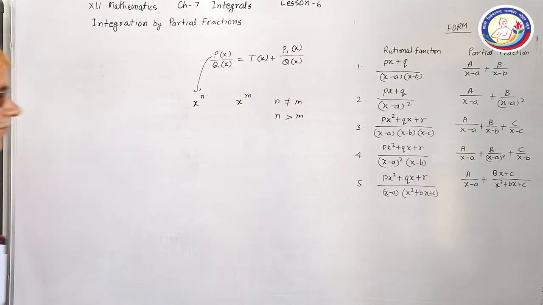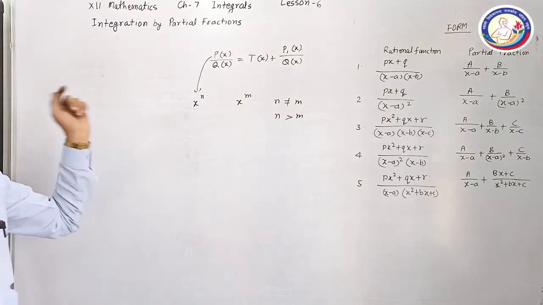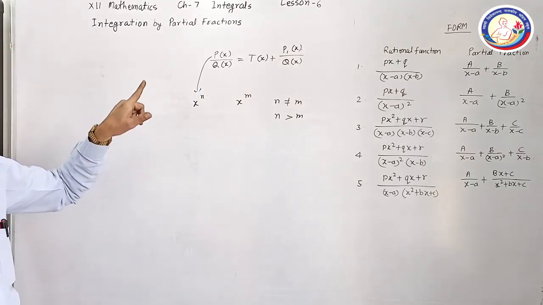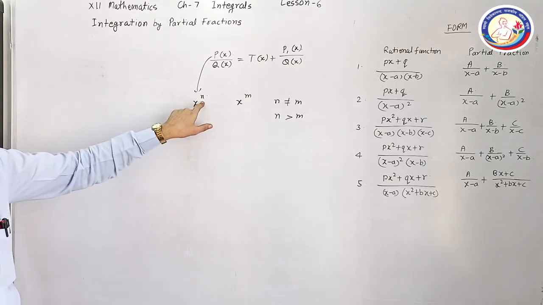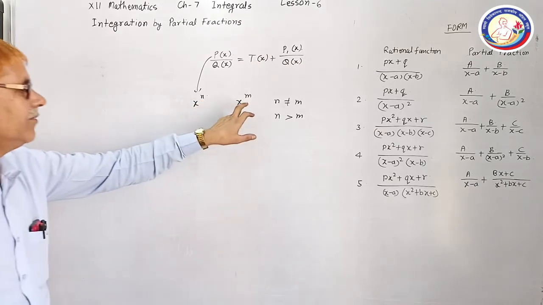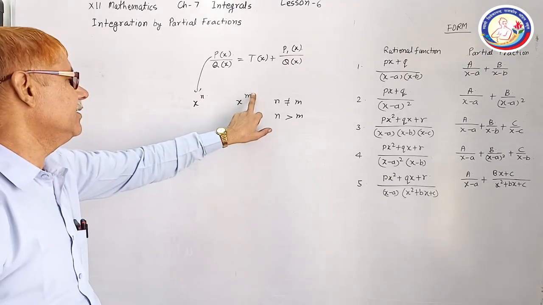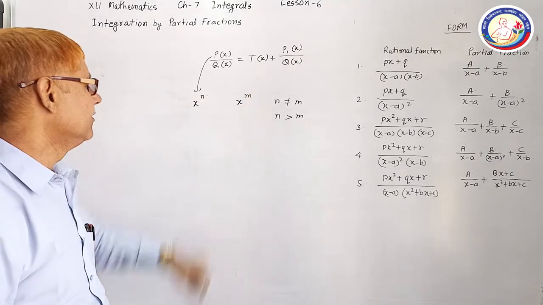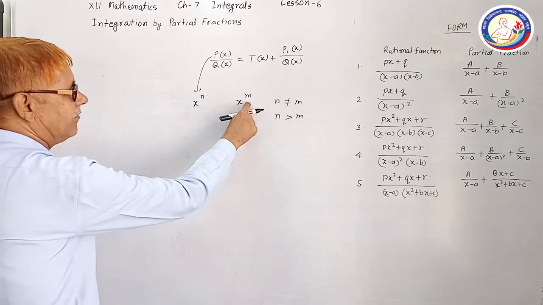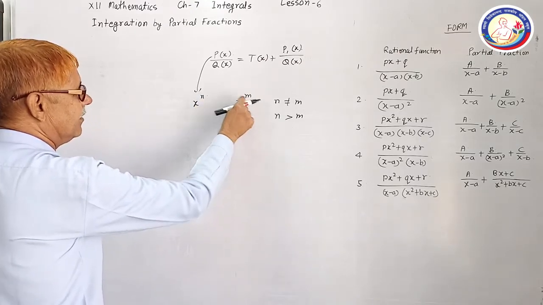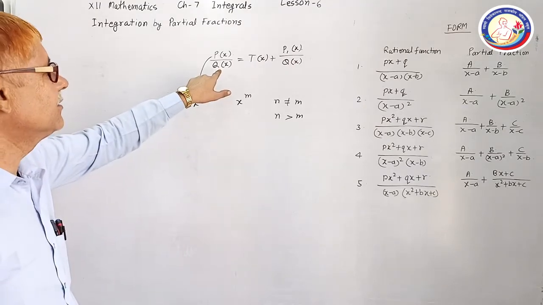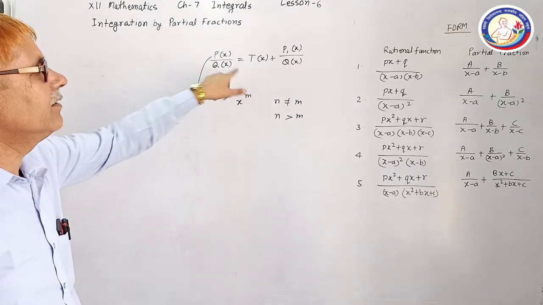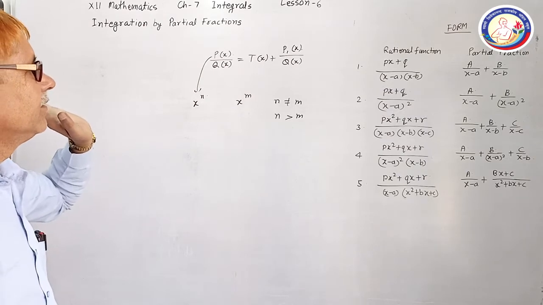And in algebra, how can we determine this? If the numerator contains x raised to power n as the highest power term and the denominator x raised to power m, and n is greater than m or n is equal to m, then the given rational function is in improper form.